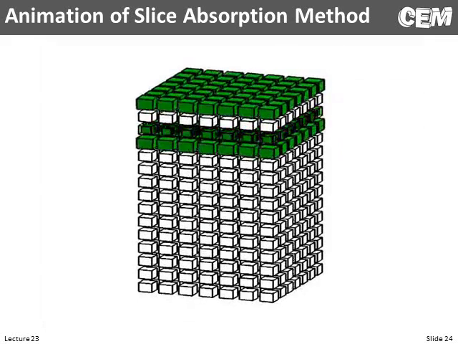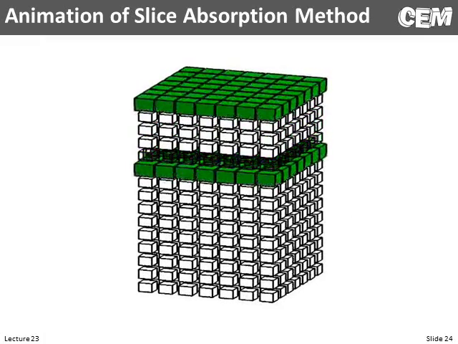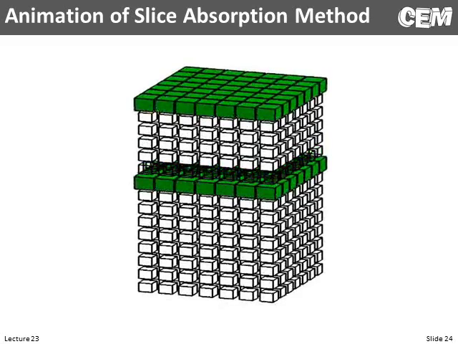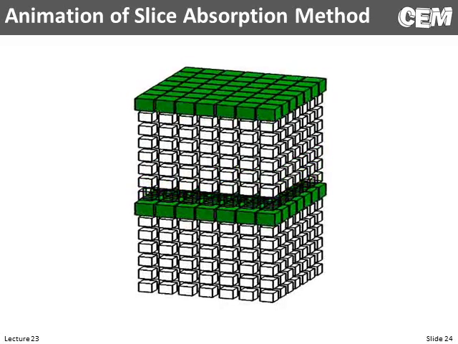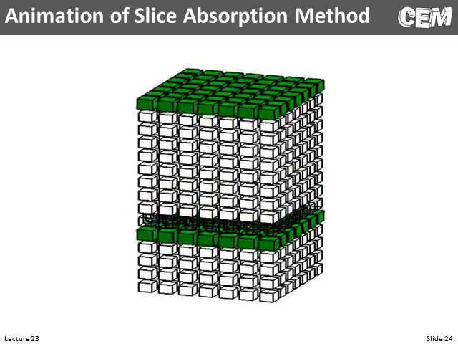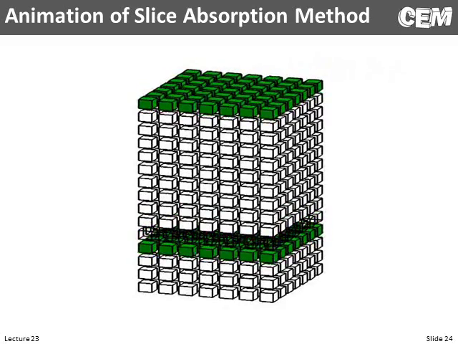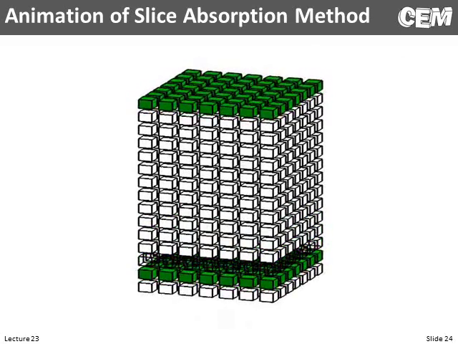So here is an animation of the slice absorption method, and what is highlighted in green is the slice data that has been calculated, and when it sort of expands and contracts, that is conveying that we're absorbing information, and then you can see the slice data kind of go transparent and then white. The white means we've eliminated the data from the memory.